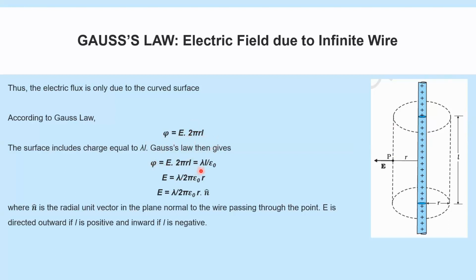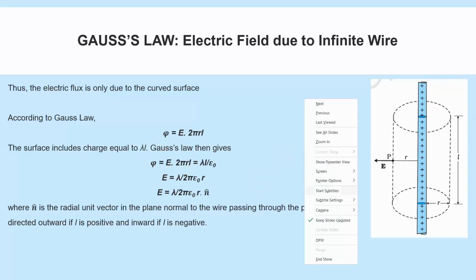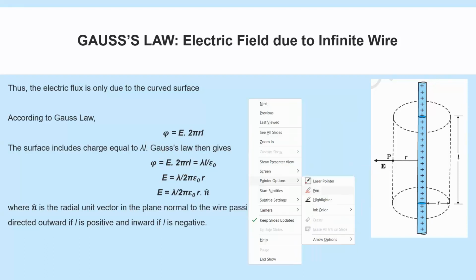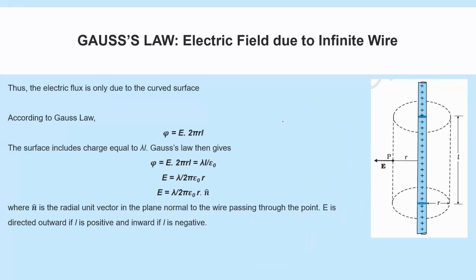If you put this in the formula, if you remember we had talked about linear charge density. Lambda is the linear charge density, which is del Q by del L for a small line element.